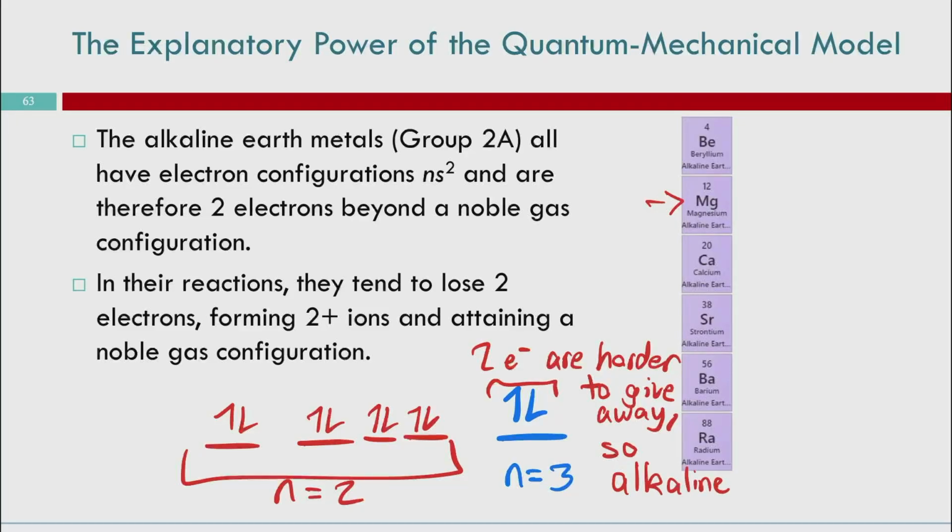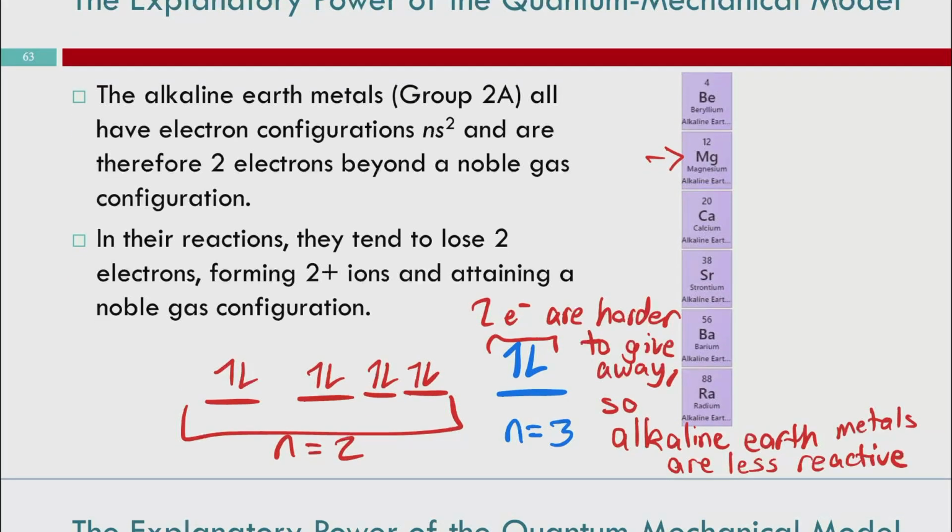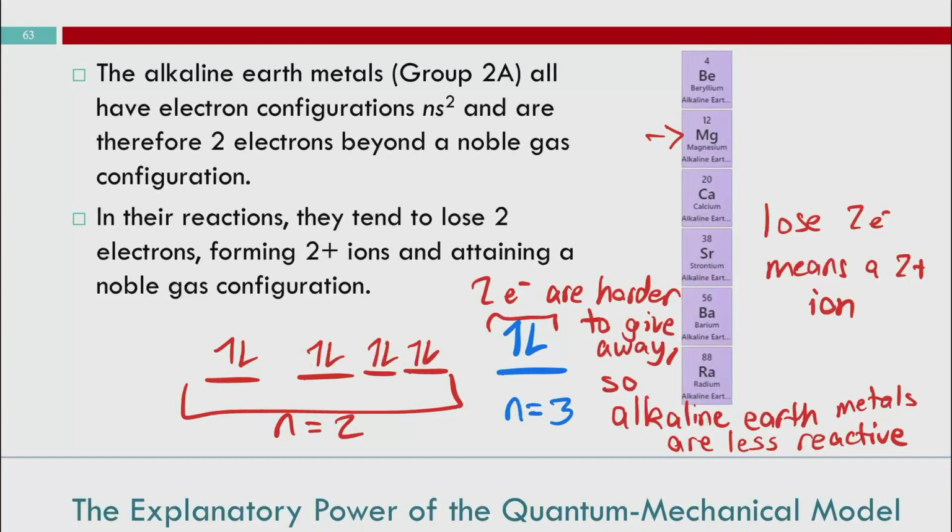So our alkaline earth metals are less reactive compared to our alkali metals. They're still relatively reactive, and if we can give away these 2 electrons, losing 2 electrons means a 2 plus ion. And so that's why all of our alkaline earth metals form 2 positive ions. It gets them back to that noble gas configuration.